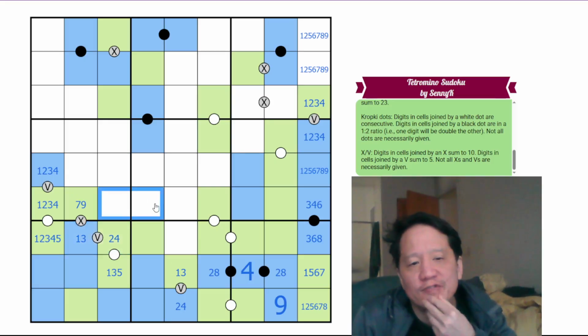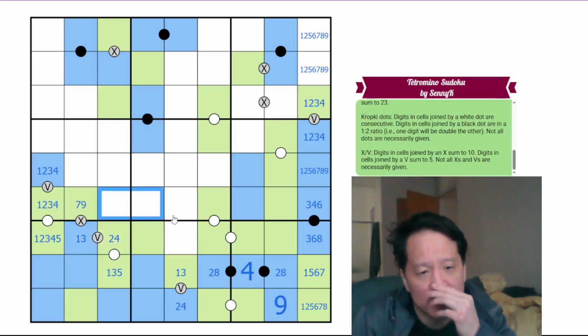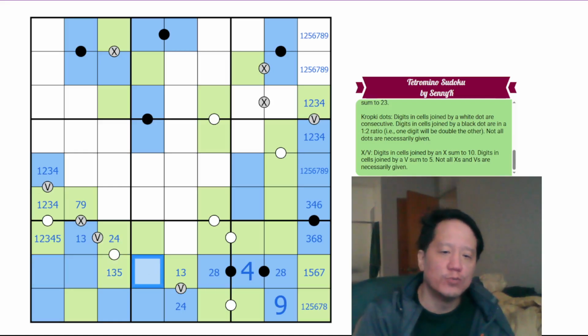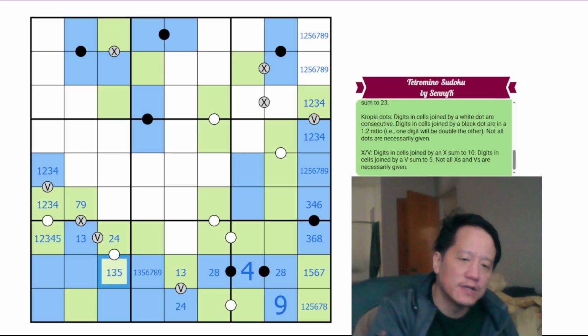At least one of these is blue, but that doesn't tell us very much. Remaining digits in row 8 are 1, 3, 5, 6, 7, 8, 9.